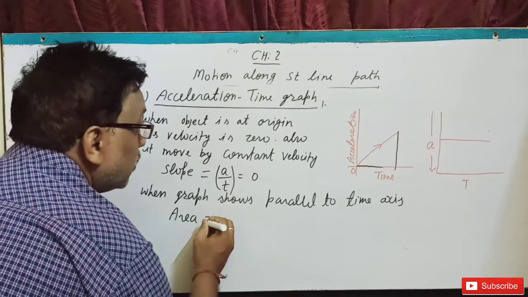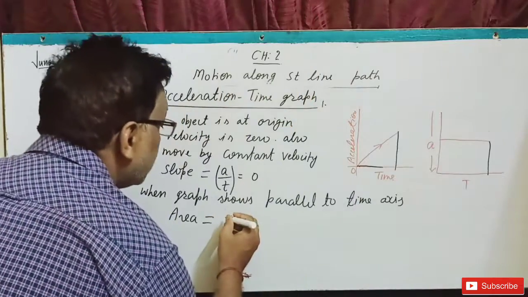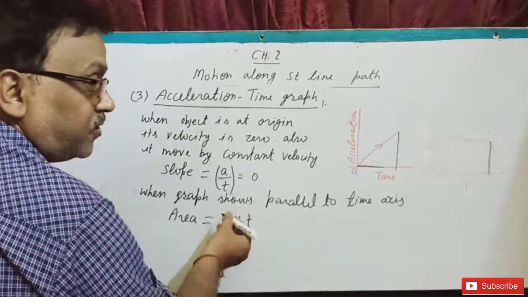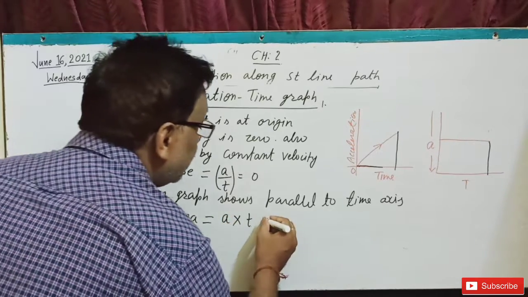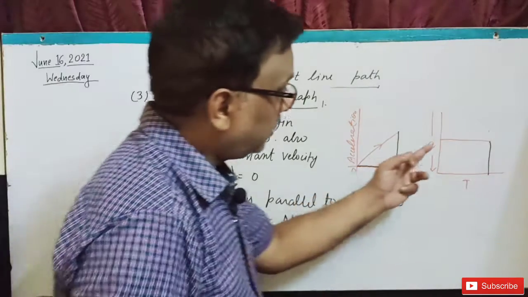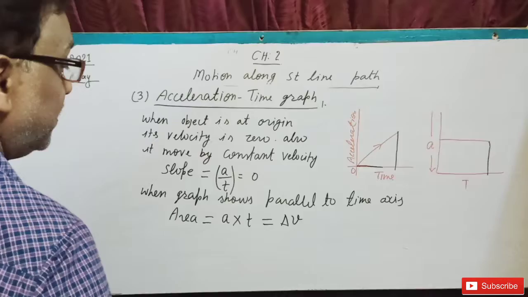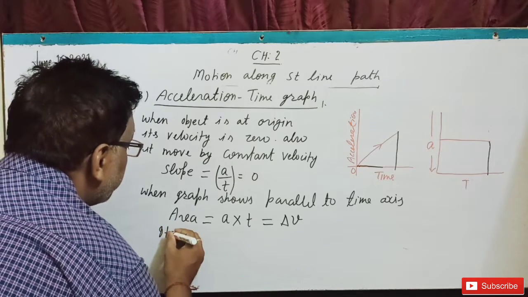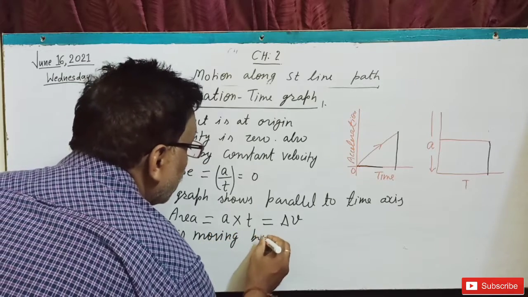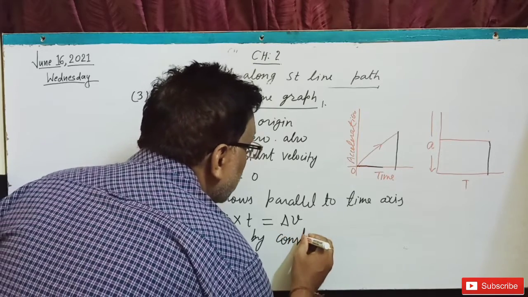Area is equal to A into T, acceleration into time. You know, acceleration is the rate of change of velocity, so it will give you velocity change. Here it is uniform, steady, so we can say that it is moving by constant velocity.